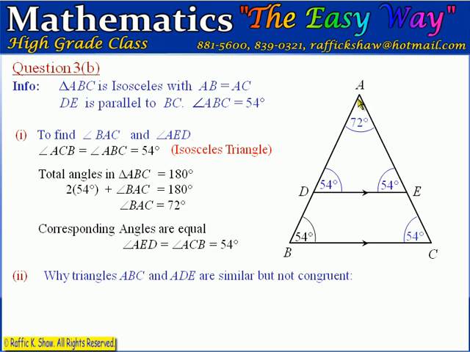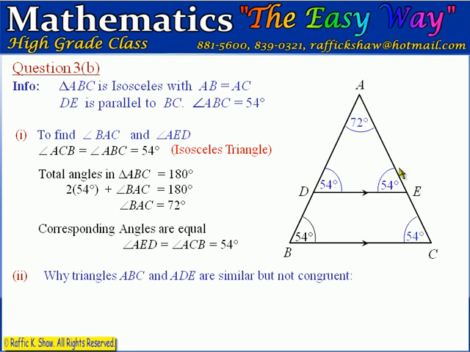So if we compare triangle ADE, that's this one, with triangle ABC, we see that the three angles in triangle ADE, 72, 54, 54, are equal to the three angles in triangle ABC, 72, 54, 54.